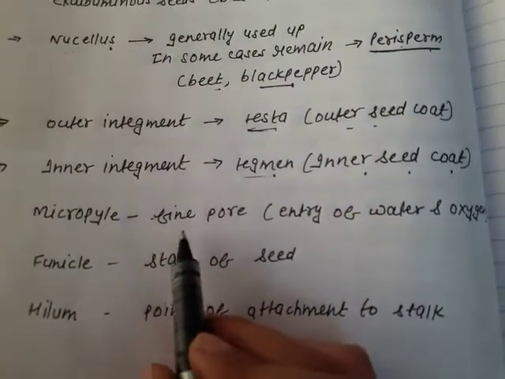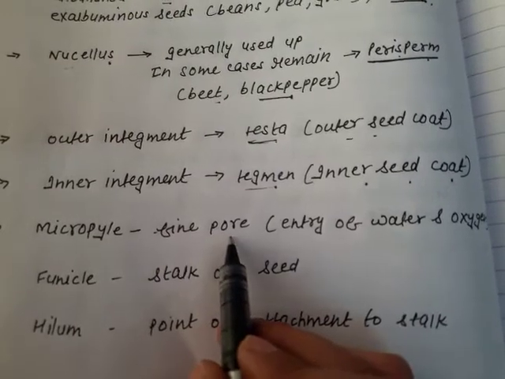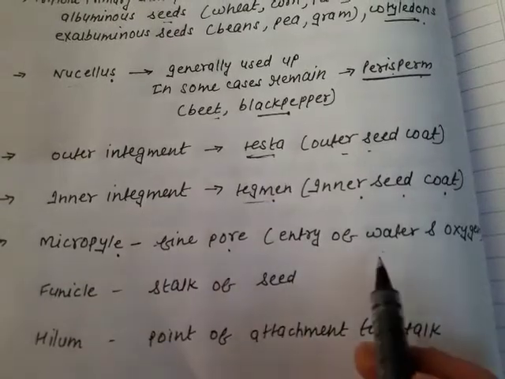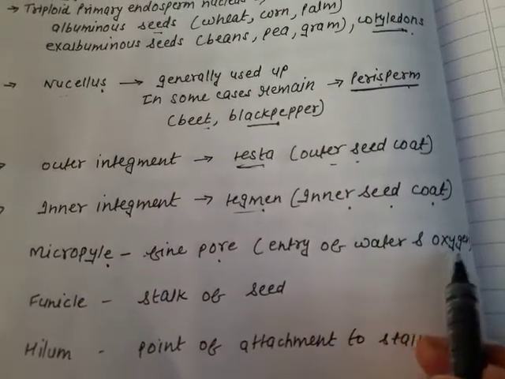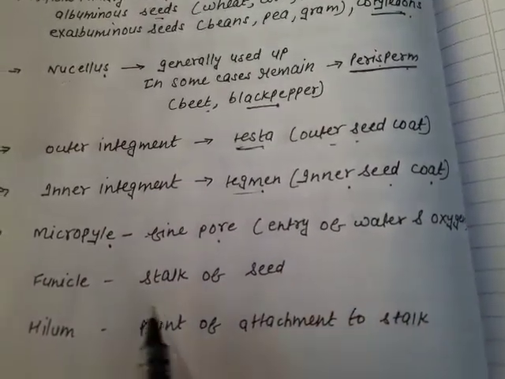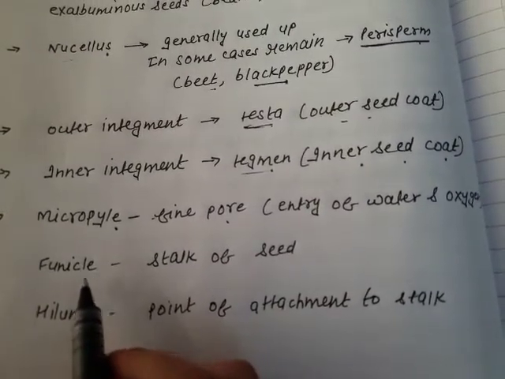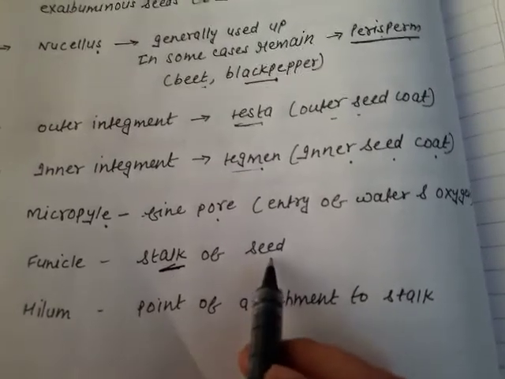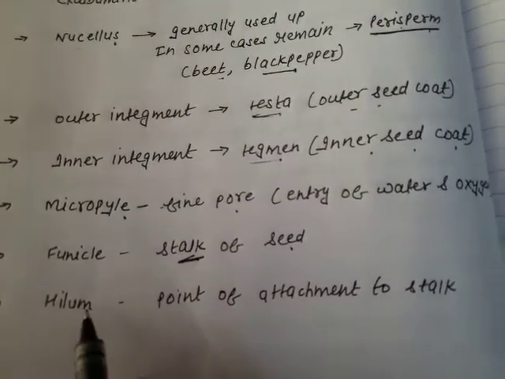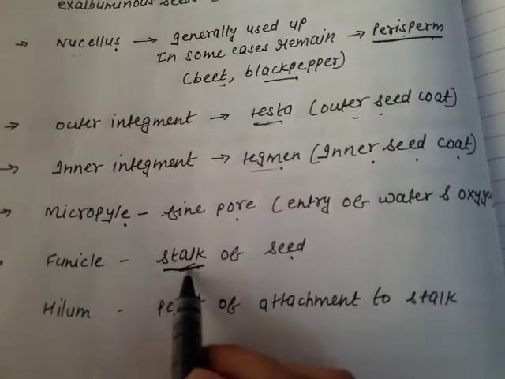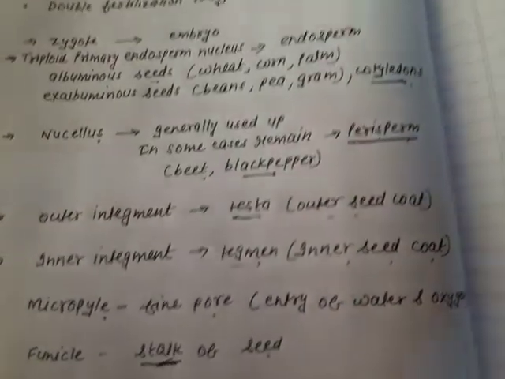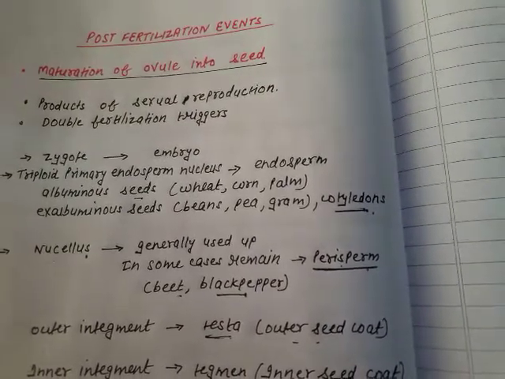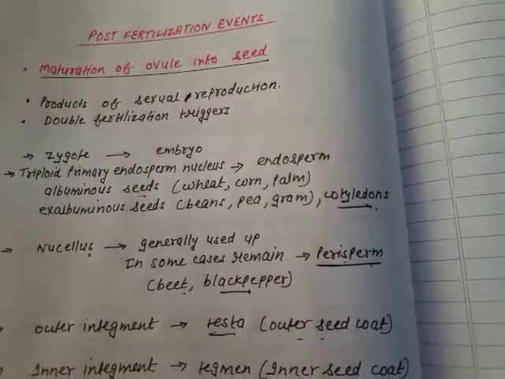Micropyle remains as a fine pore on the surface of the seed, and it facilitates the entry of water and oxygen in the seed. Next, funicle of ovule transforms into the stalk of the seed, and hilum is the point of attachment to the stalk. So these are the changes which take place inside the ovule, and it will mature into seed.